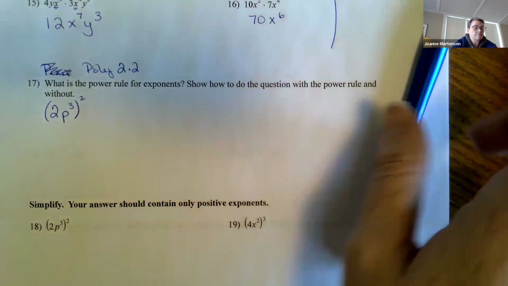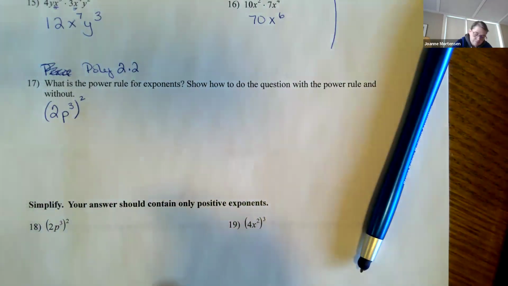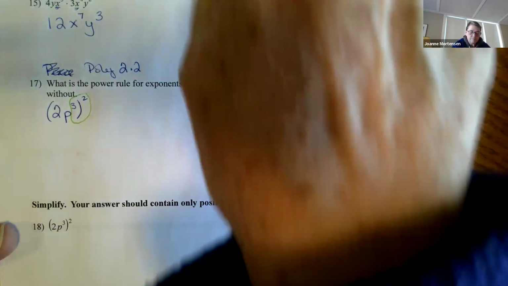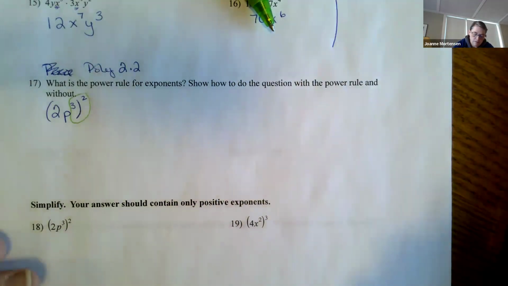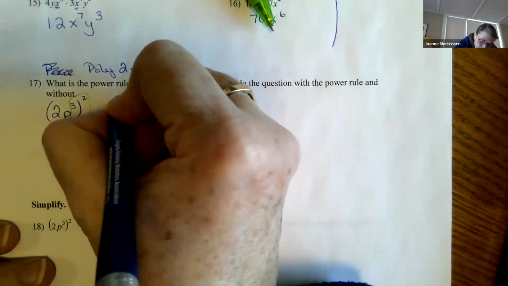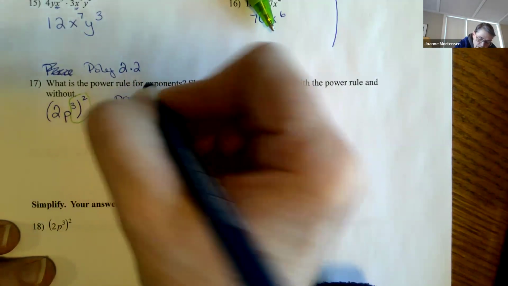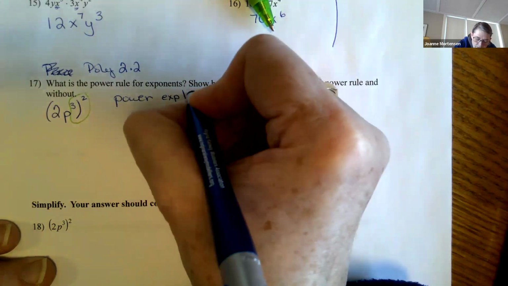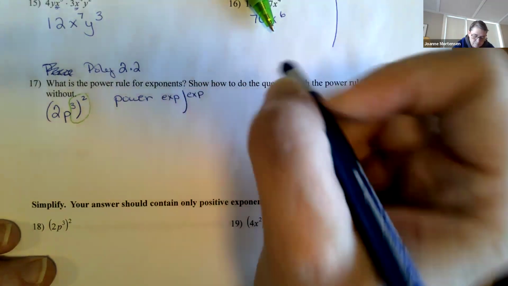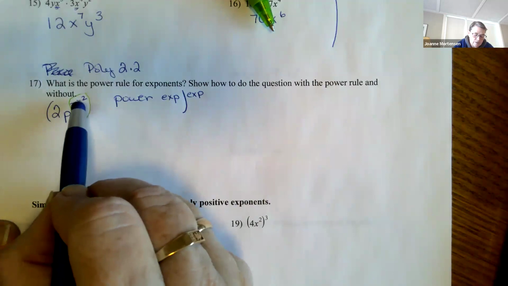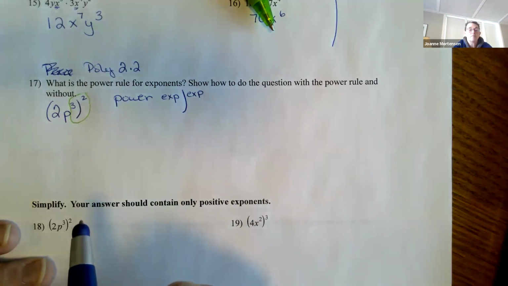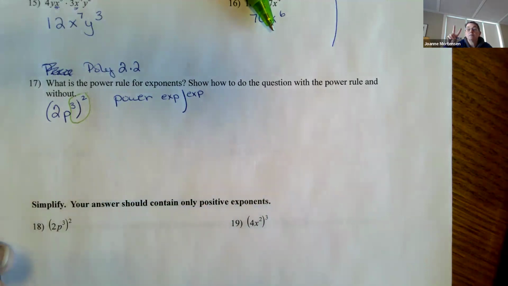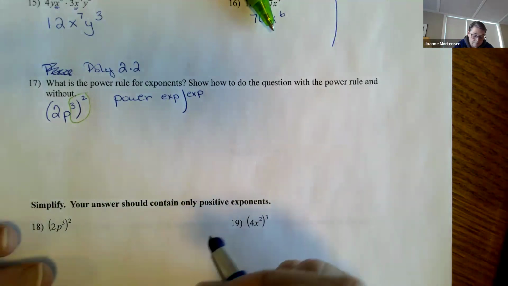It's this part right here that makes it a power. A power is an exponent, then a bracket, and an exponent. So 3 is the exponent, and then a bracket, and then a 2 there. That's what to look for. Okay. So 2 ways to do it.